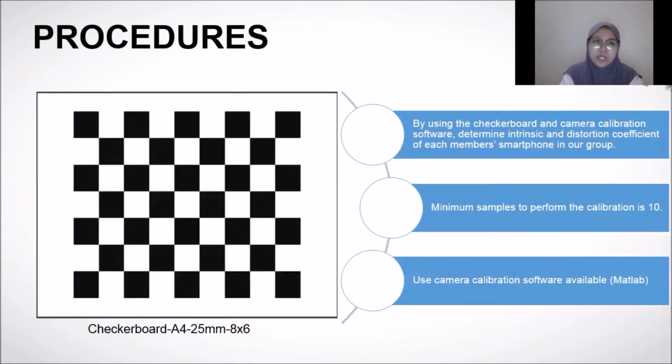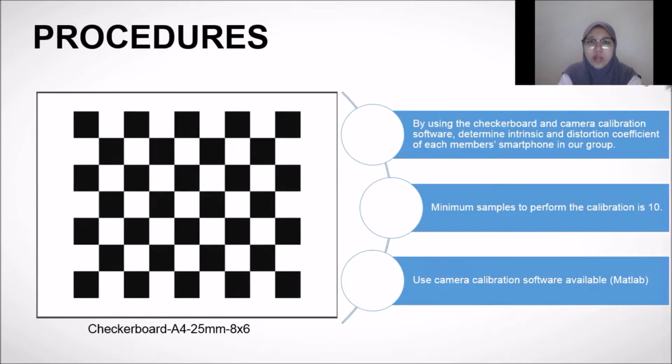Okay, for assignment 1, this is the procedure that we need to follow to complete this assignment. We have a checkerboard, size A4, 25mm, 8x6. By using this checkerboard and camera calibration software, we need to determine the intrinsic and distortion coefficients of each member's smartphone in our group.